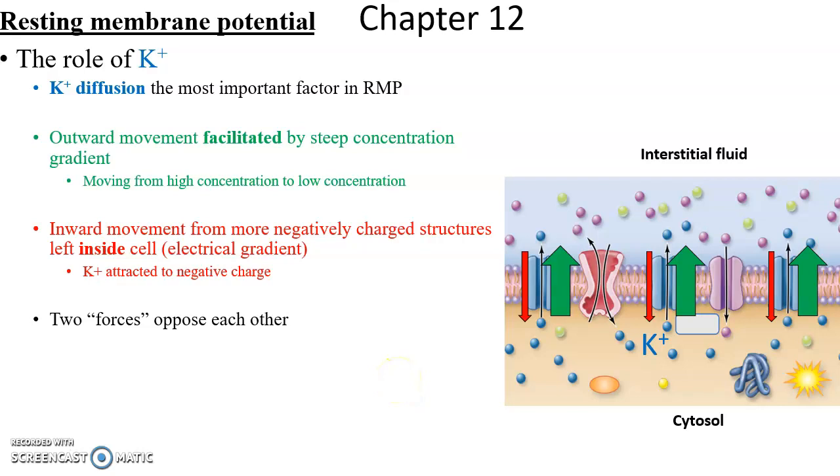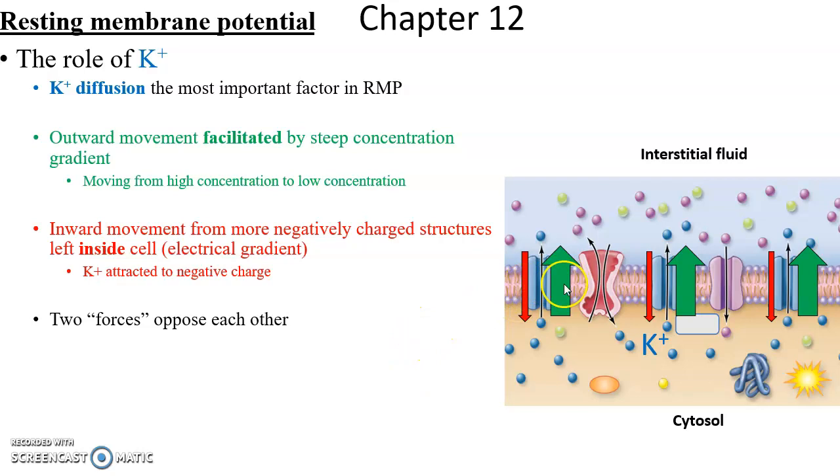As we can see, there is an outward movement of potassium ions from inside the cell to outside because of the steep concentration gradient. So it'll want to move from high concentration to low. However, there's also a pull to move potassium ions into the cell along the electrical gradient. Again, it's negative on the inside of the cell. Potassium ions are positive, so they'll want to move into the cell toward the negative charge.